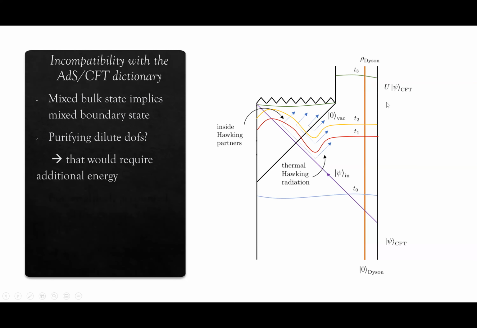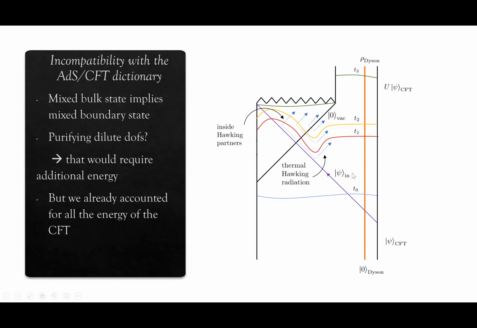Why? Well, my CFT lives on a sphere, which is a compact manifold, and so any excitation would induce some additional energy, and any purification that I would want to use for this mixed state would also require some additional energy. But I have already accounted for all the energy of the CFT.